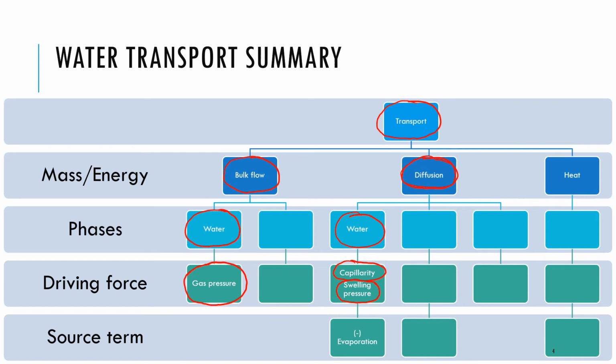So those are the possible driving forces for diffusion-like movement of water, and gas pressure is the driving force for flow. Plus we have the source term, evaporation, where water becomes vapor. So for water, the term is negative.